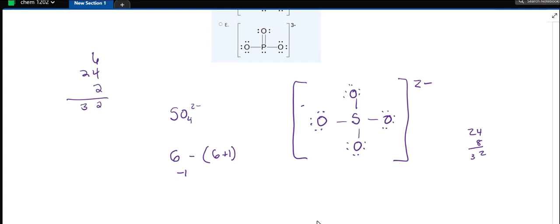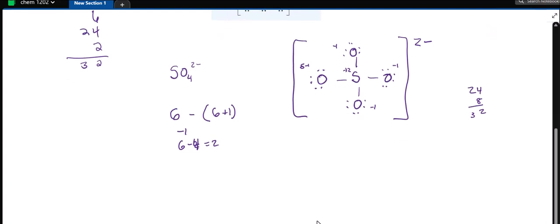So each oxygen has a formal charge of -1. Sulfur would have 6 minus 4, because each bond is 1, so that would give us 2. So you get a charge of +2. Now we know the sum of all the formal charges has to be -2, because the whole ion has -2, but we would like to have the smallest amount of formal charges on things that we can, and so this is not that good.